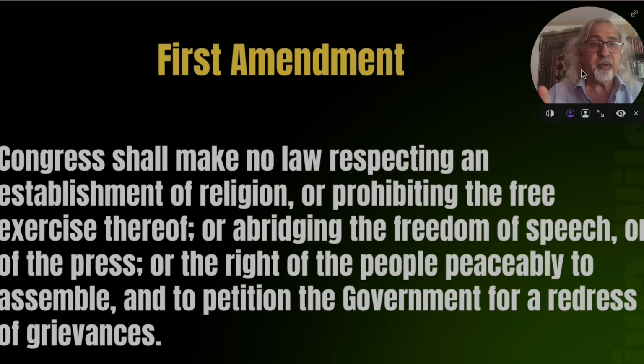So the First Amendment, which probably is the most important amendment, if you just look at the language of it, it is: Congress shall make no law respecting an establishment of religion or prohibiting the free exercise thereof, or abridging the freedom of speech or of the press or the right of the people peaceably to assemble and to petition the government for a redress of grievances.